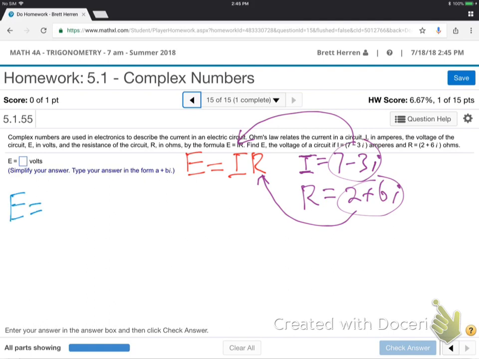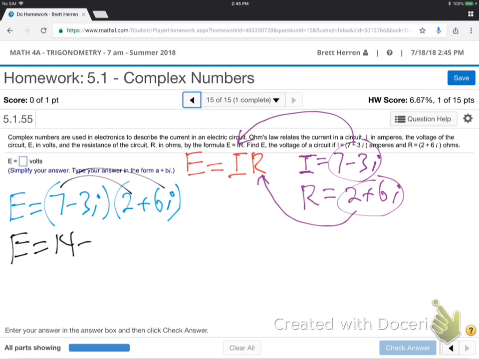So then I is 7 minus 3I. R is 2 plus 6I. And then we just multiply. We just FOIL those out. So I'm just going to go boom, boom. So what do I get? 14 plus 42I, boom, boom, minus 6I, minus 18I squared. Good to there?